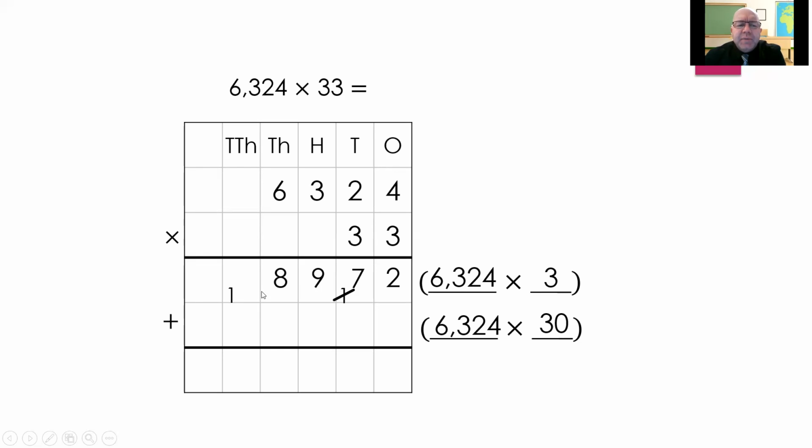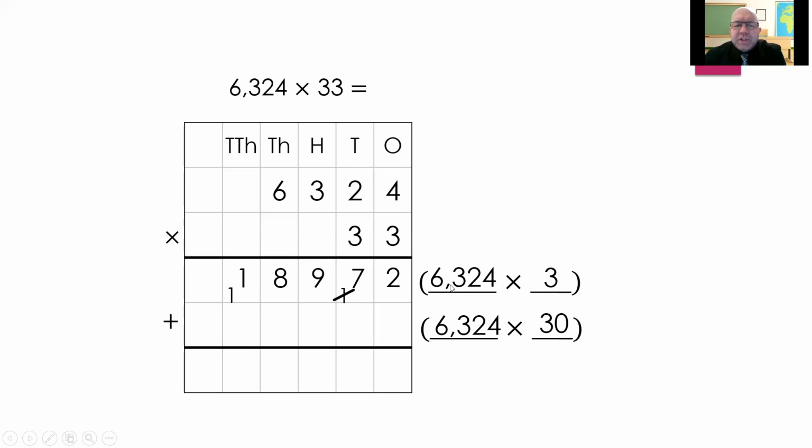The 8 goes in, and the 10 value moves into the next column, which in this case is 10,000s. Then 3 lots of nothing is nothing, but we've got this 1 here, so we need to use it. So we'll bring it into our answer there. Okay, so 3 lots of 6,324 is 18,972. Big numbers, guys, but I'm sure you can see what's going on.